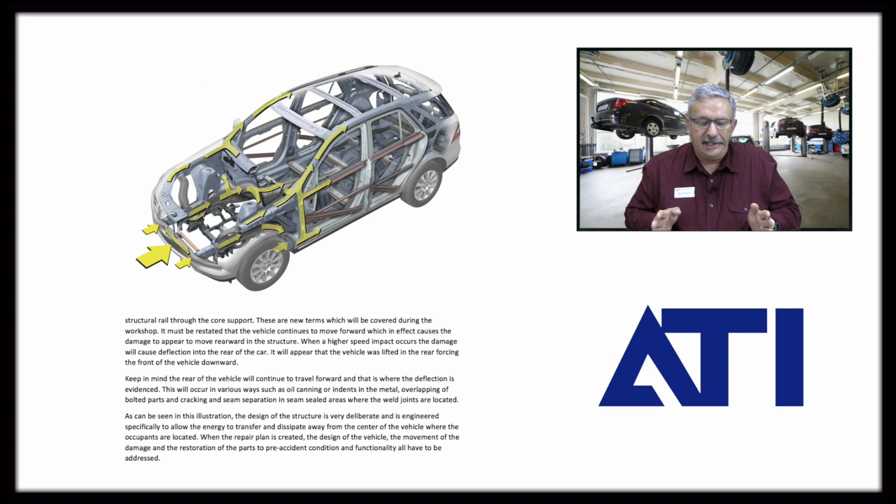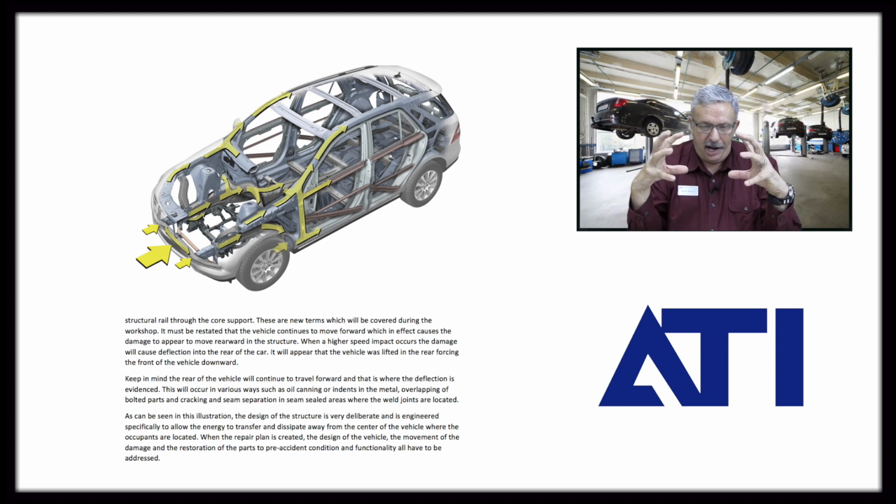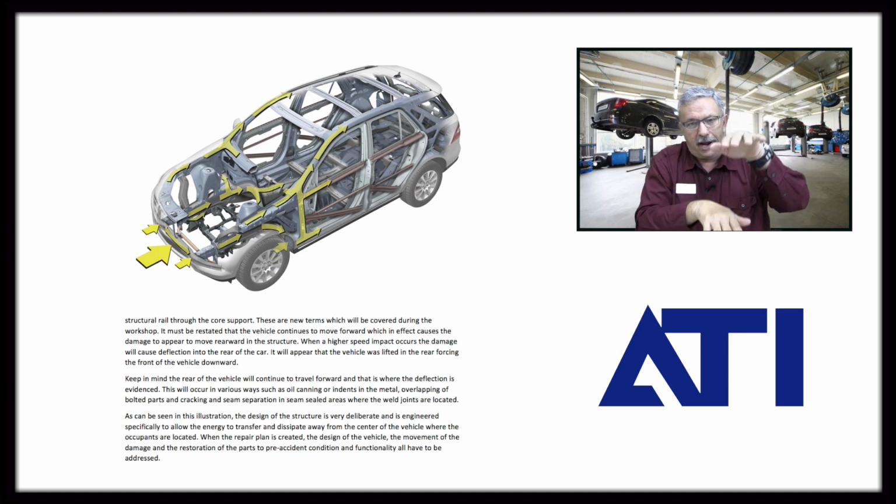What it's telling me is as that occurs, the damage is going to go back, but there's a kick-up area in the frame rails which is going to push the damage down and under the driver. There's also frame rails above that are going to push the damage up and over the driver. The idea is that the greenhouse that we talked about stays safe and the damage transfers around them.